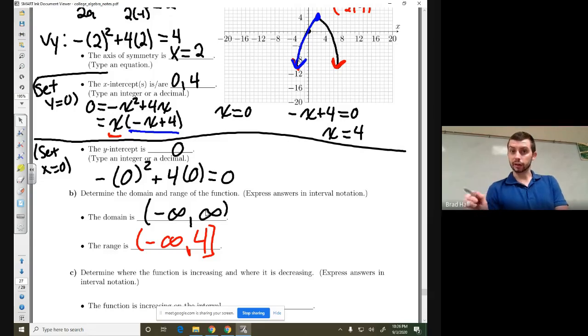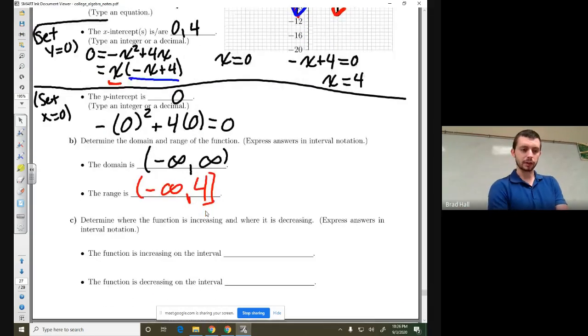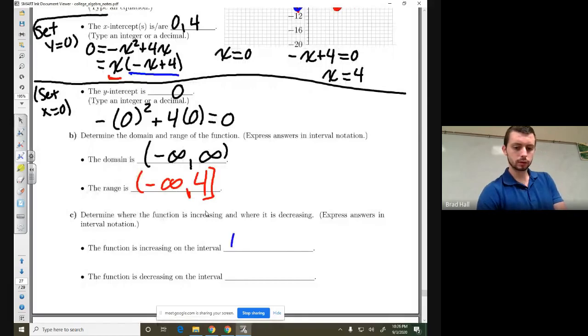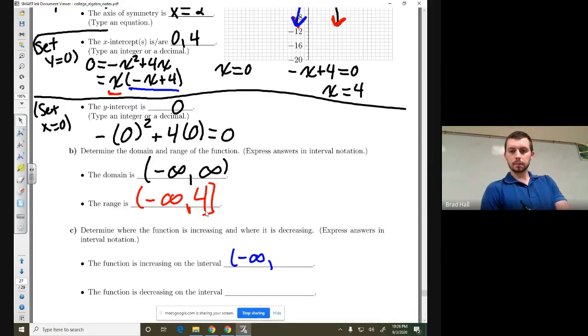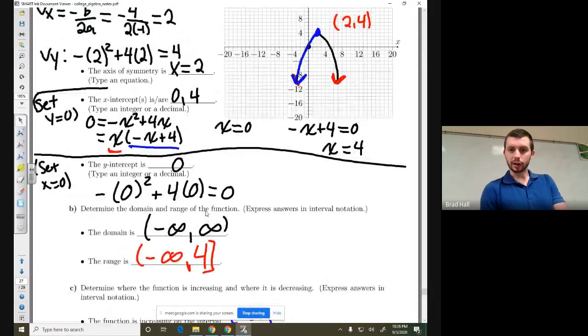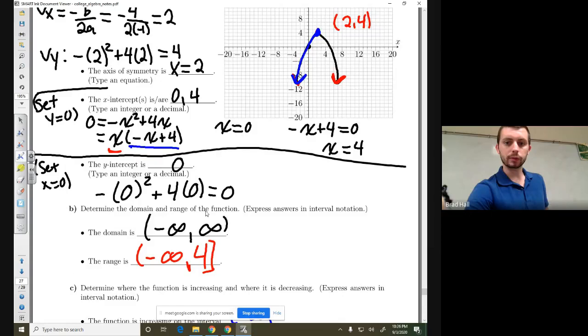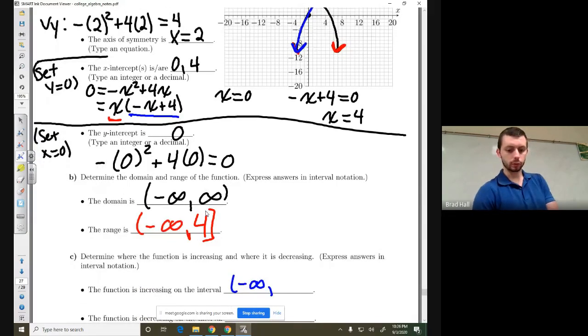If anything, the left-hand side seems to be negative infinity. And then the right-hand side, where the increasing stops, is at the vertex. Increasing and decreasing only uses x values, and the x value of the vertex is 2. So we know that it stops increasing at 2.